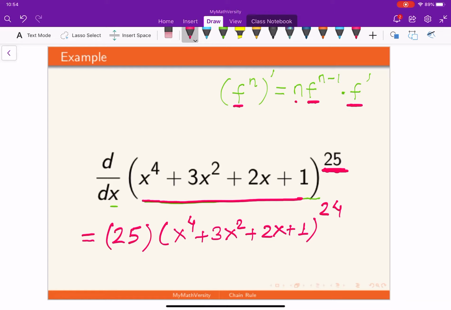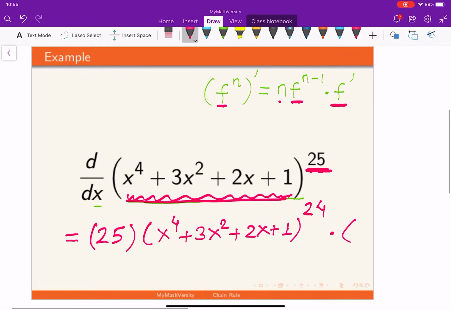And now we need to multiply by f prime. How do you find that? f means the base function, so we need to find the derivative of x to the power 4 plus 3x square plus 2x plus 1. Since there are a couple of terms, because of the sum rule we can find the derivative term by term.